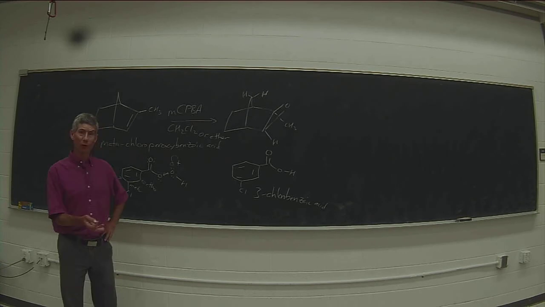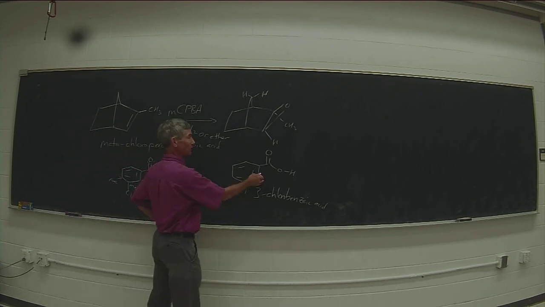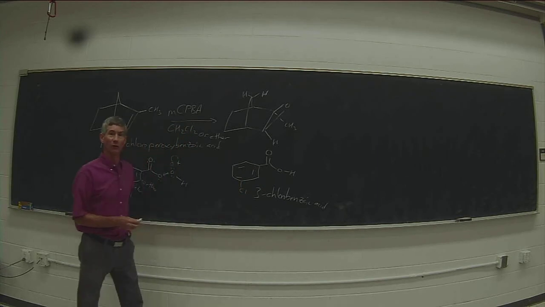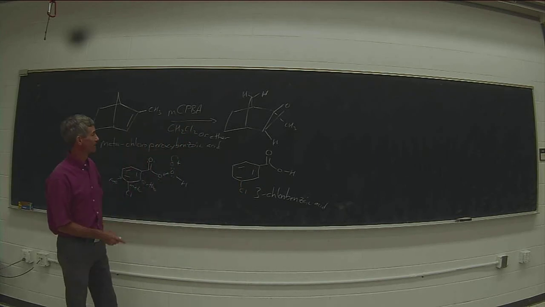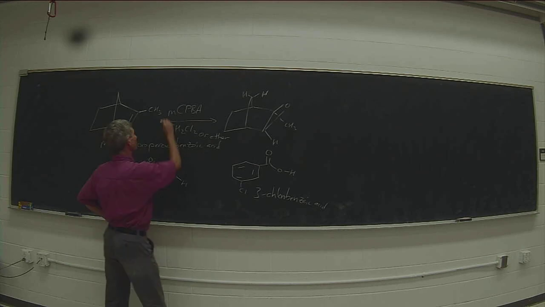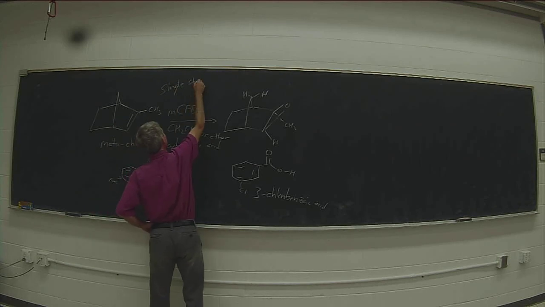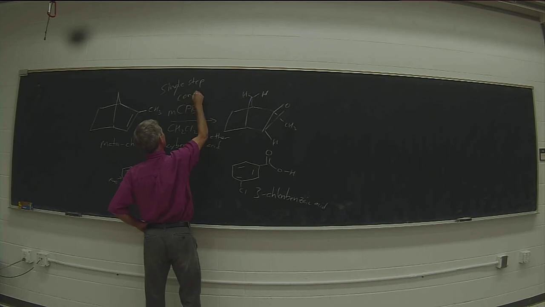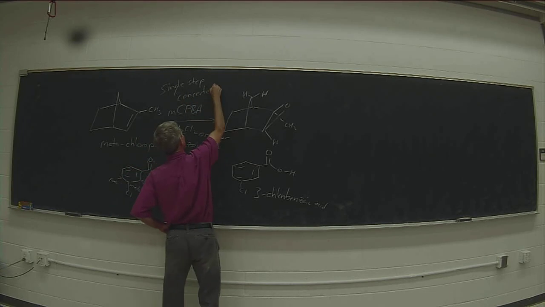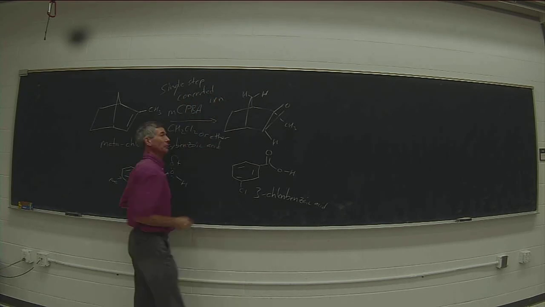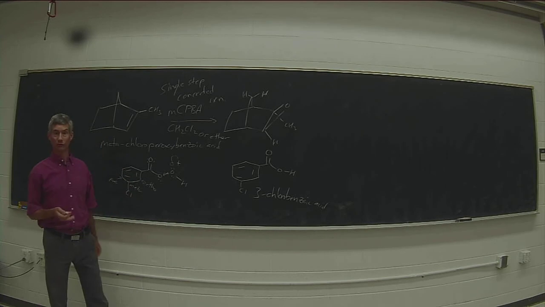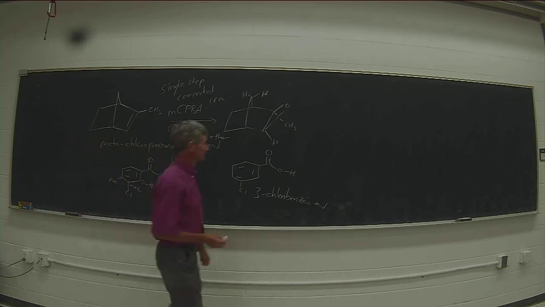Usually it's not difficult to purify though, because this product is acidic and can be washed out with sodium bicarbonate solution. Because it's a single-step concerted reaction, when we show the mechanism, we want to show the structure of the transition state.